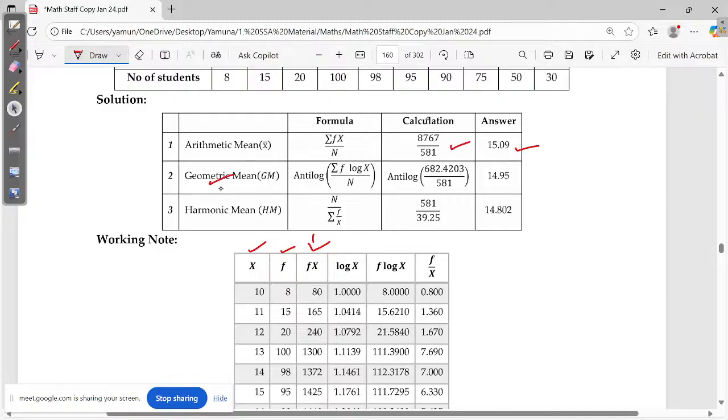Then geometric mean, usually we have 2 formulae. One formula we have taken directly with respect to antilog. What's the original formula by definition? Let us go for the individual observations definition. It is the nth root of the product of all the values, which means x1 into x2 up to xn.